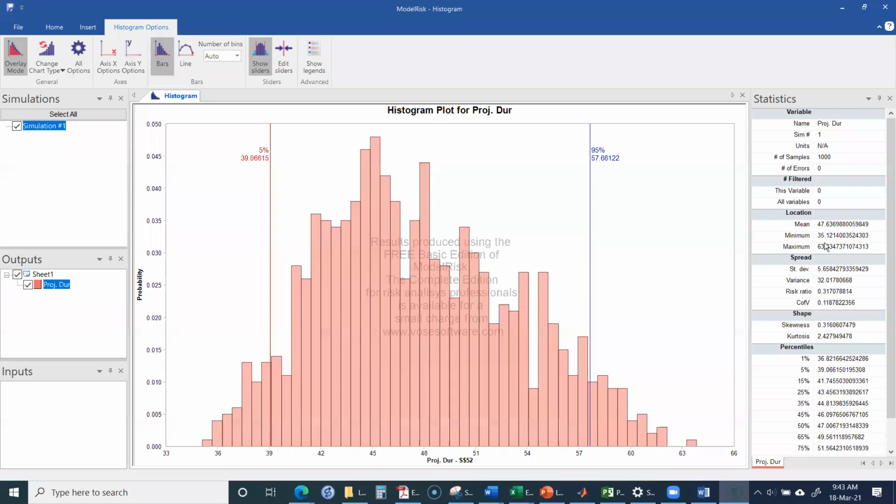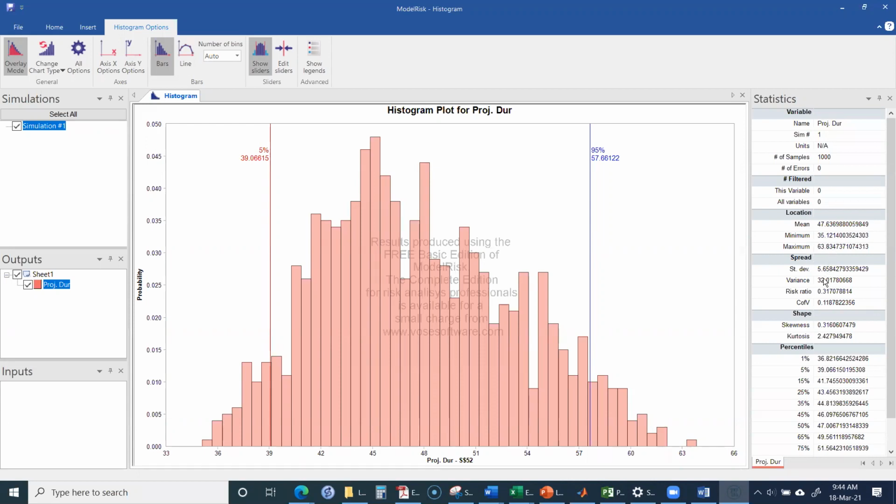And the minimum project duration will be 35.12 days. That means it will be very unlikely that the project will finish in less than 35 days. The maximum project duration will be 63 days. It's also very unlikely that the project will take more than 63 days.